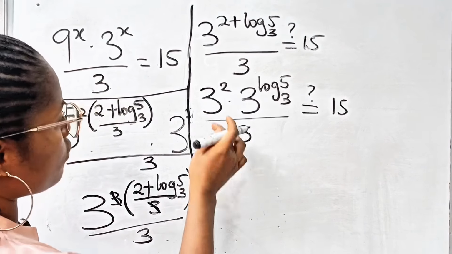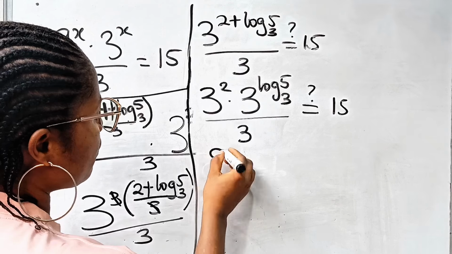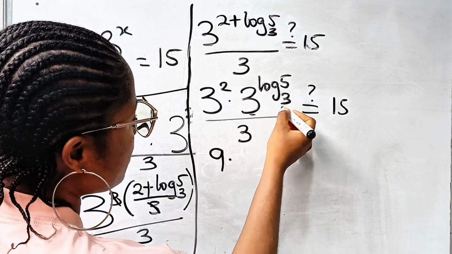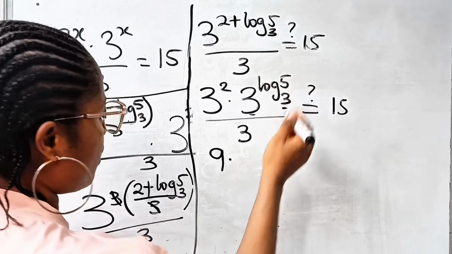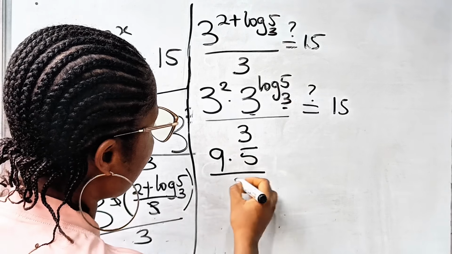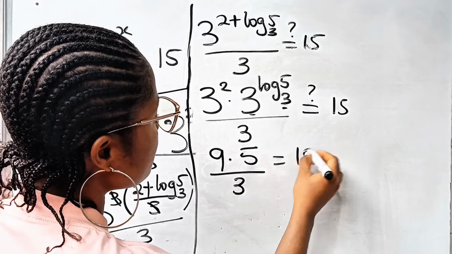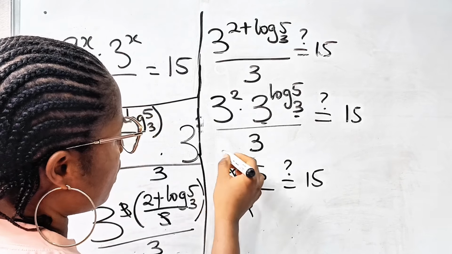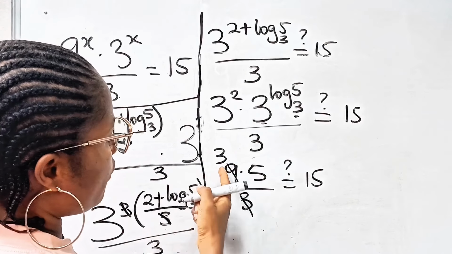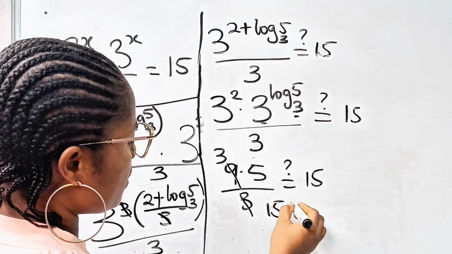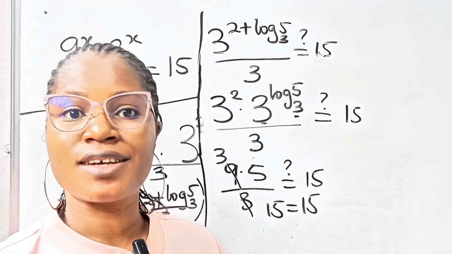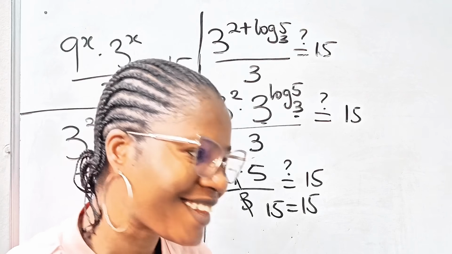We are going to have 3 squared is 9, so we have 9 multiplied by, because this and this are the same, 5 here. So multiplied by 5 divided by 3. Now, is this equal to 15? Now, 3 will go into 9 3 times, and we have 3 times 5 to be 15. And you can see that 15 is equal to 15. That proves that the answer is correct.